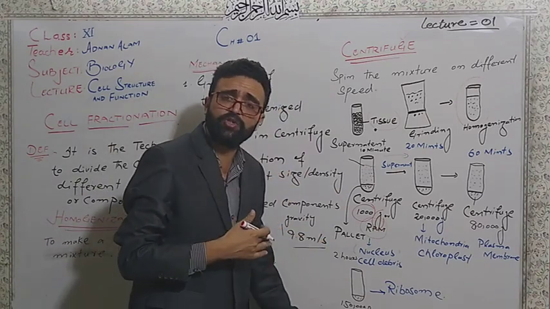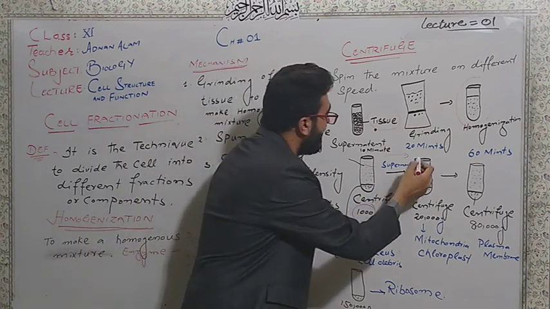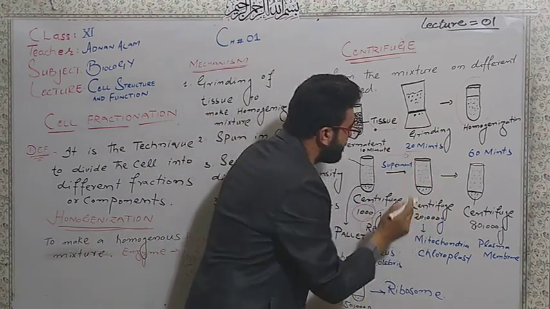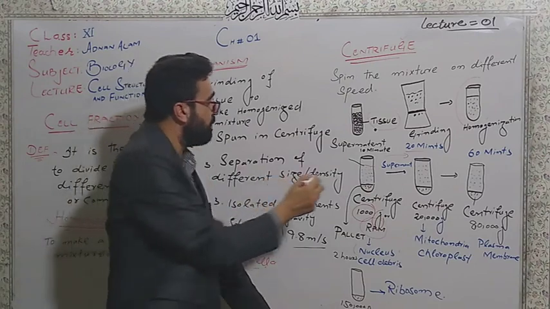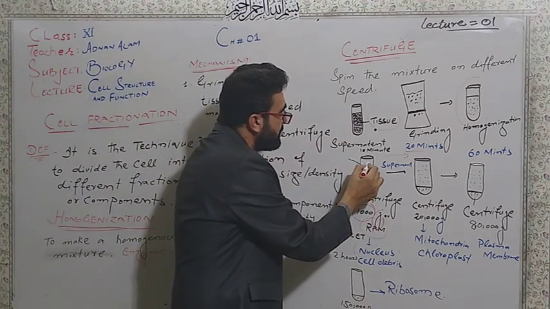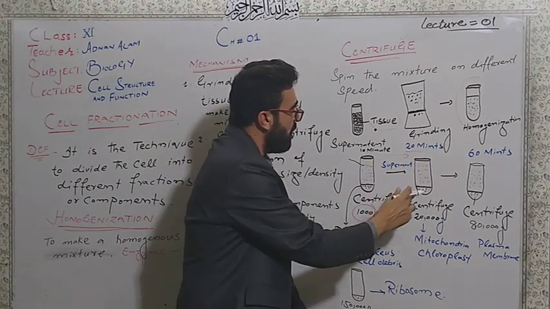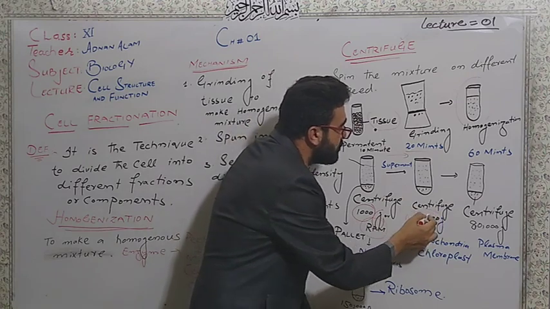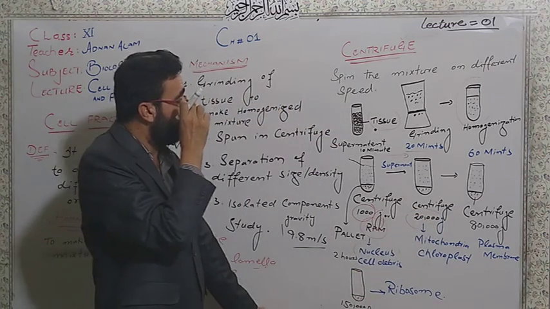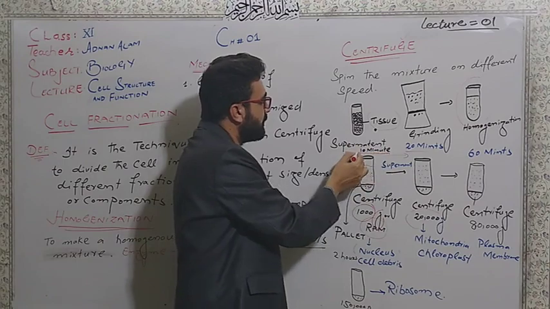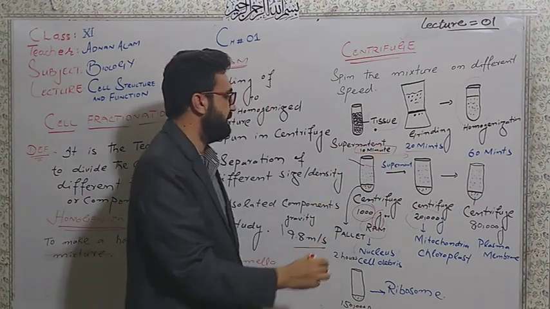But if we want to study more organelles, then we have to spin this supernatant, which we transfer to another test tube, at the next speed: 20,000 G for 20 minutes. First solution time was 10 minutes.